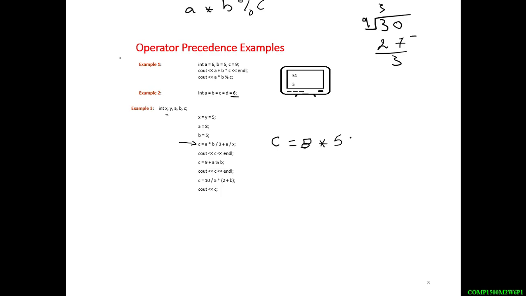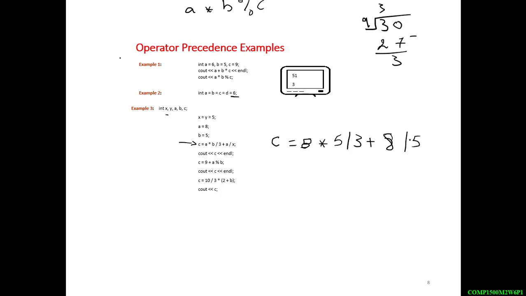Now, to evaluate this, since you have addition over here, you are going to consider these two separate. So we are going to evaluate this part, and do the addition between them.